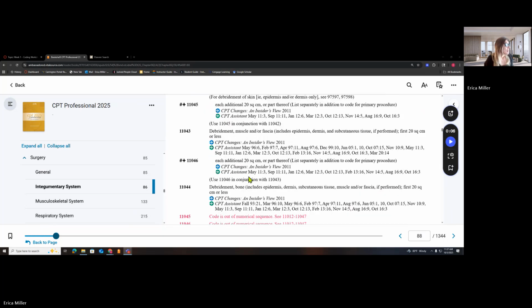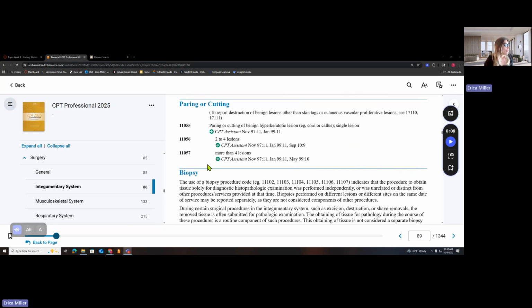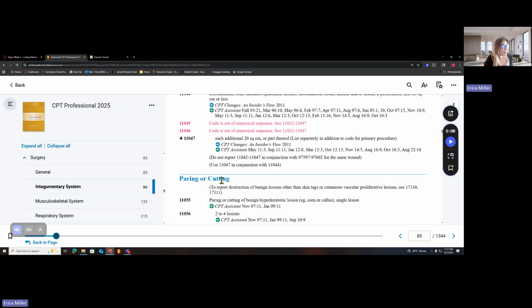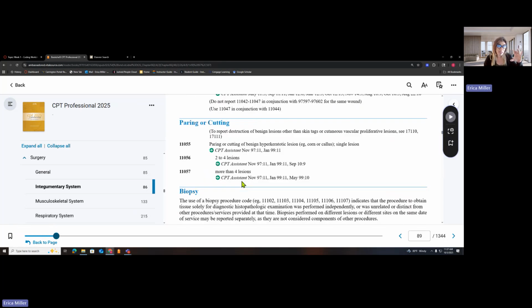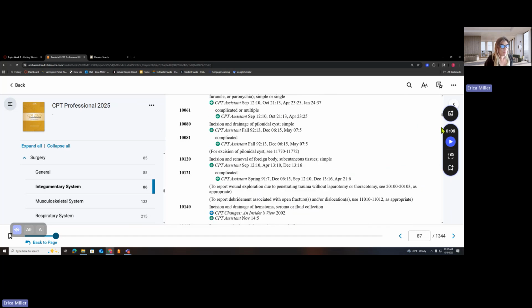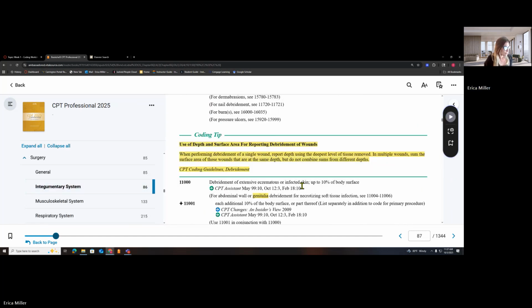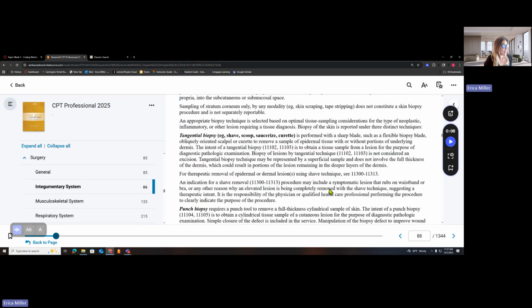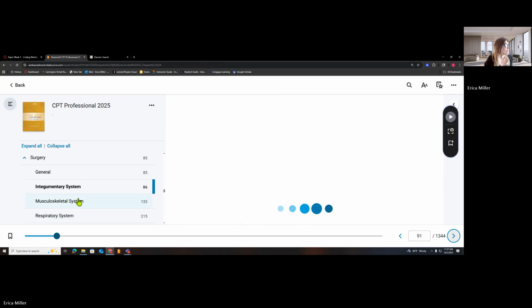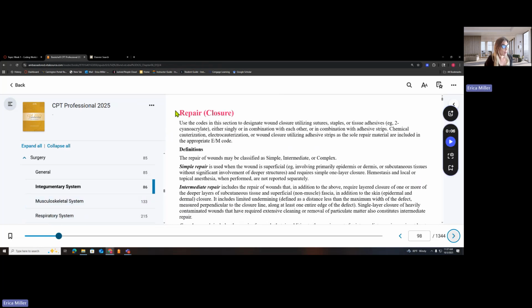Okay. All right. And then again, every section that is in bold blue is going to be a different type of procedure or set of procedures that can be performed, again, still representing that original body area. And then it gets into different types of biopsies, different types of repairs.